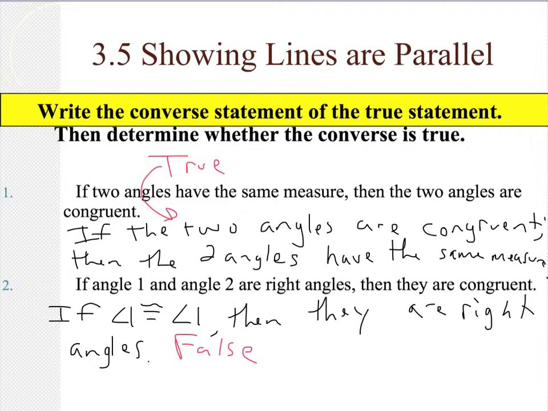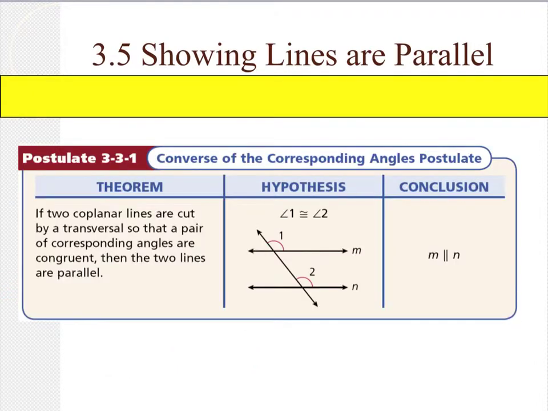Okay, moving on. So we talked about corresponding angles postulate. We talked about alternate interior, alternate exterior, and same side interior. Now what we have is those converse postulates. And again, I want you to write these down. This one says, if two coplanar lines are cut by a transversal so that a pair of corresponding angles are congruent, then the two lines are parallel.